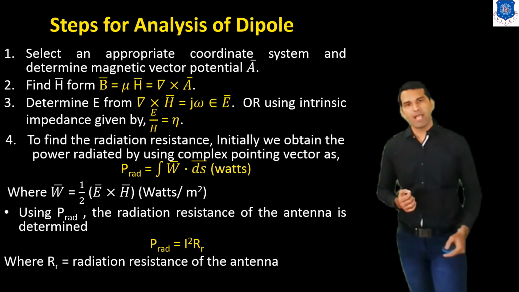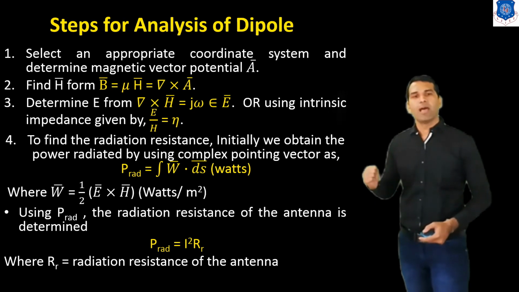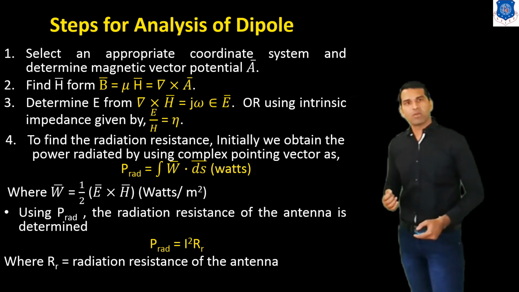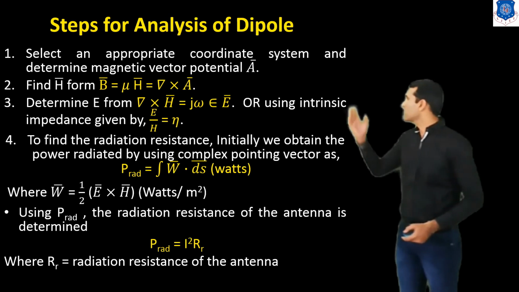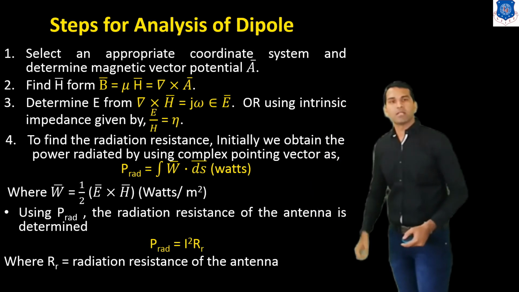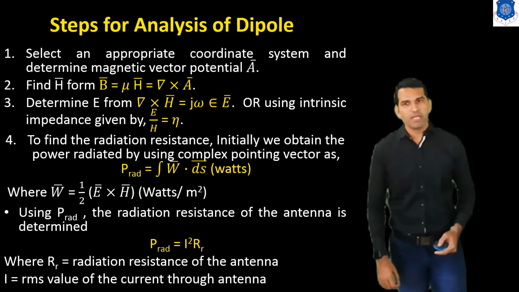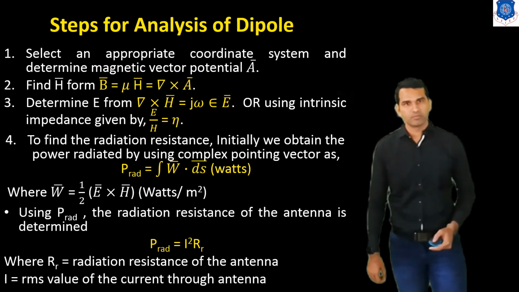First we find the power radiated using the earlier equation, and then we find the radiation resistance using this equation. That means the power radiated equals I squared R. So these are the steps to analyze the dipole. Here I also indicates the RMS value of the current through the antenna.